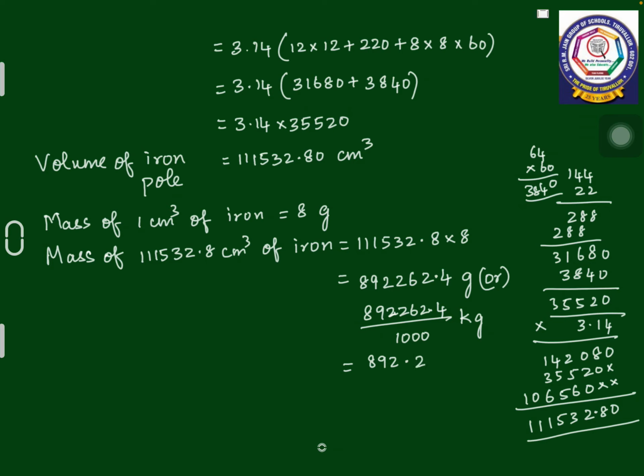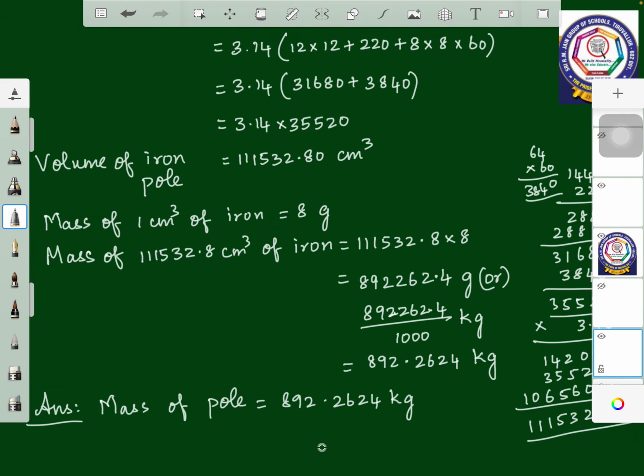So 892.2624 kilograms. So it is 8,92,262.4 grams or 892.2624 kilograms. So what is the mass of the pole? That is the weight of the pole. It is nothing but 892.2624 kilograms, or you can even leave it in grams. Hope it's clear, children.